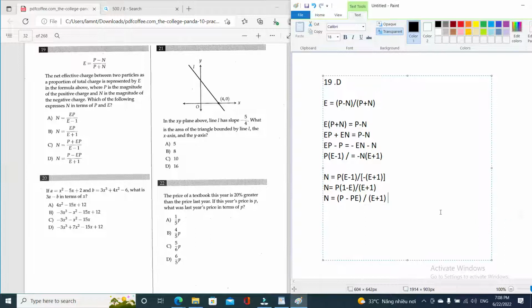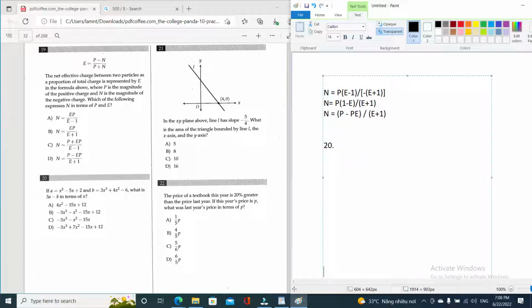Okay, 20. What's A minus 3B in terms of x? This is just simple calculation, right? So 3A minus B. What is A? X squared minus 5x plus 2.